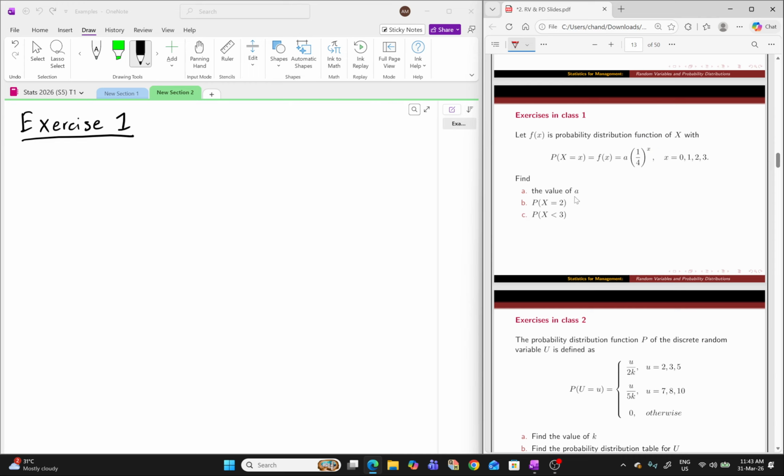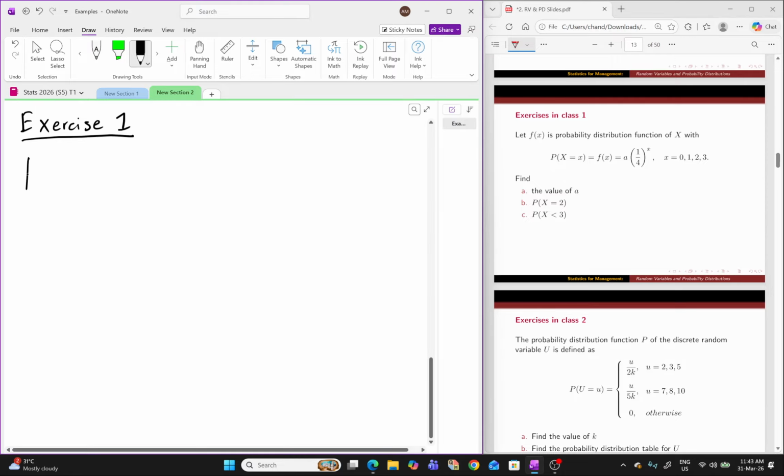before we find the value of a, I'm going to write this in terms of a table. Table always helps me.